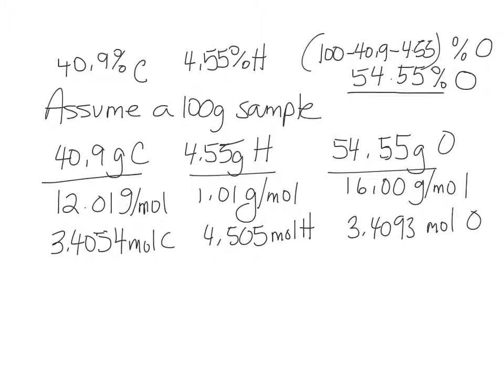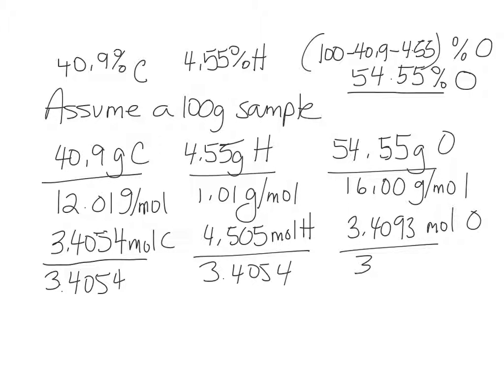Take the smallest number of those 3 numbers and divide all of your numbers by that. So which one's the smallest? So divide all of these by that number. We can't have that.